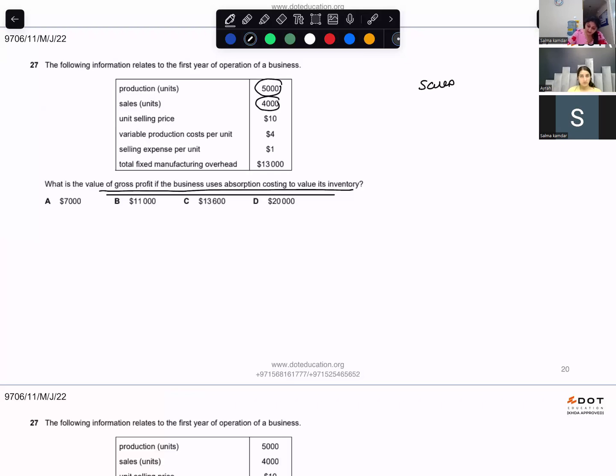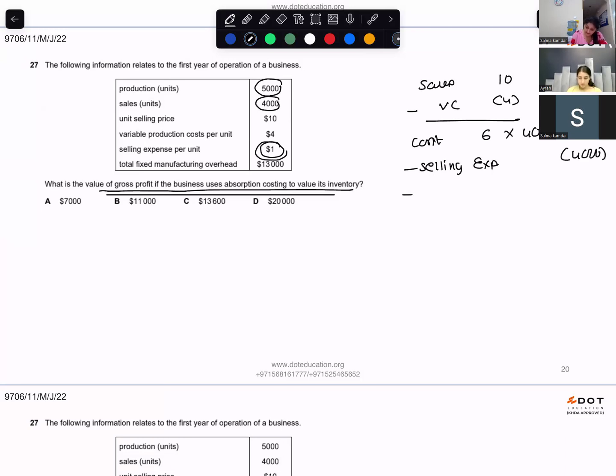Your sales is 10, minus the variable cost of 4, so your contribution is 6. 6 into 4,000 will become 24,000. Minus the selling expenses, 4,000.